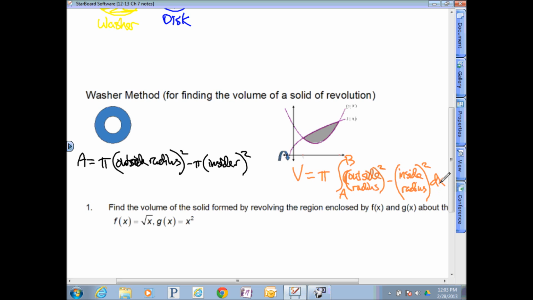Now, if we're doing y's, everything would be the right radius minus the left radius, as we talked about with the disk method. So the washer method, that orange thing right there, is your template.